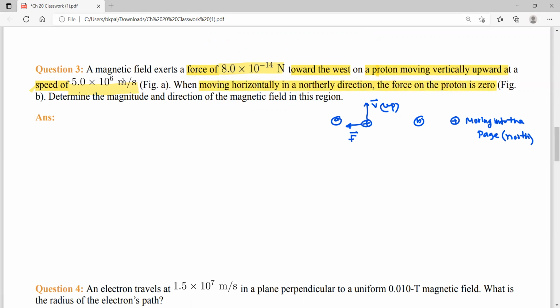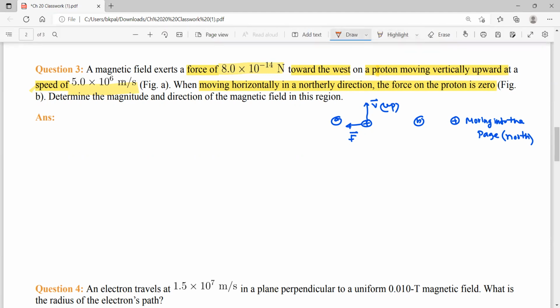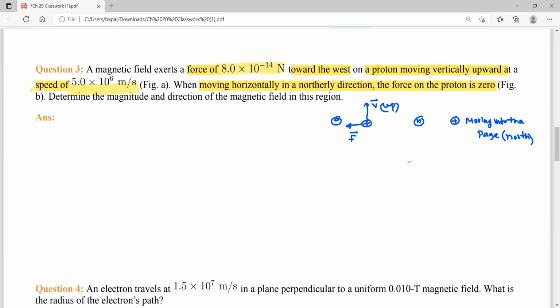So the force is 0 when sine theta is equal to 0, right? The minimum force we get is 0.